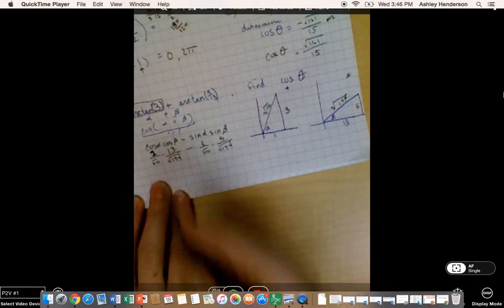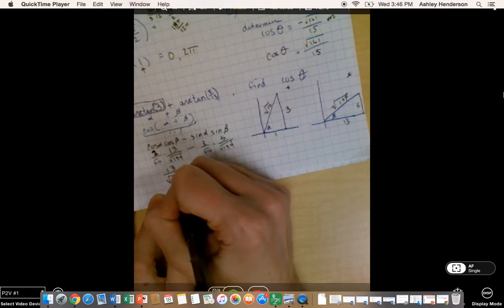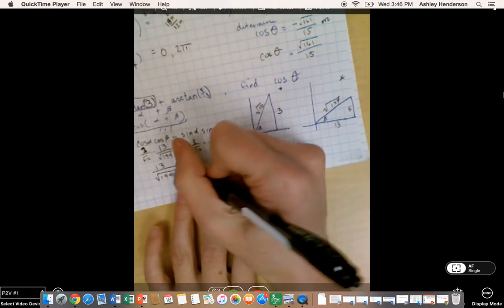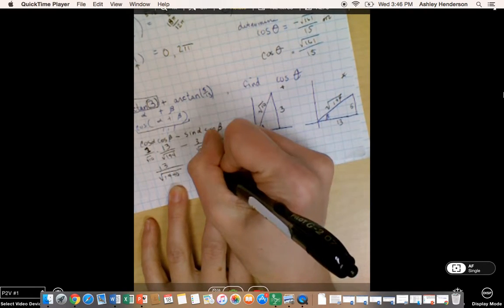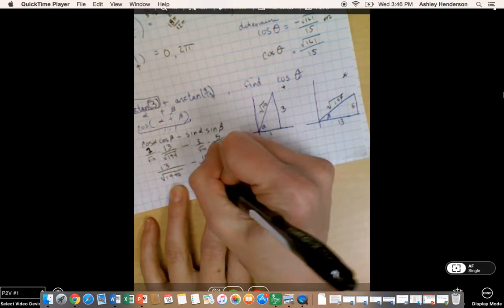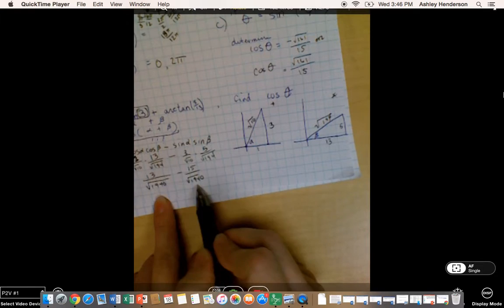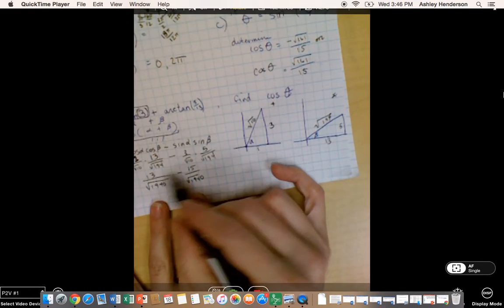I'm going to simplify. 13 over root 1940, and then here 15 over root 1940. And common denominator says I can deal with those together.